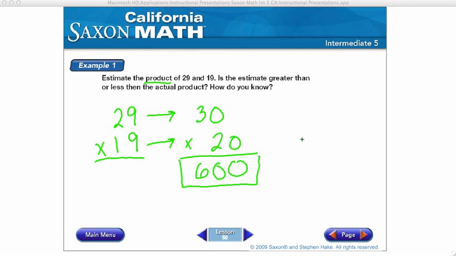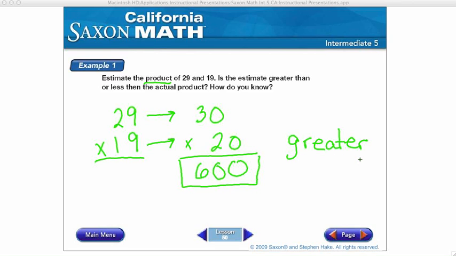My estimate of 600 is going to be greater. And I know that because I rounded both numbers up. And because I'm rounding up, my product is inherently going to be bigger. If I had rounded down, then my estimate would be less than the actual product. Okay? So my estimate is 600.